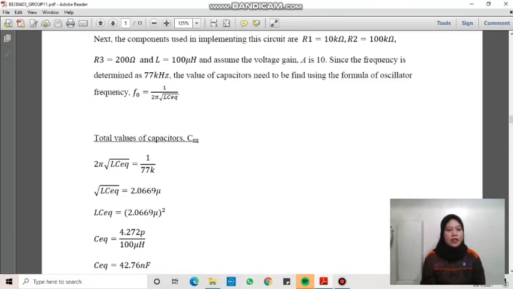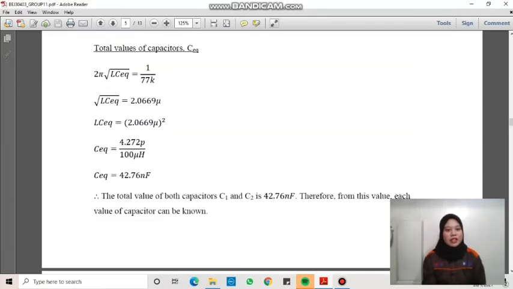The frequency formula is 1 over 2 pi square root of L C_EQ. From this formula, we can find C_EQ, the total value of the capacitors. Since we already know the frequency of oscillation is 77 kHz, we can find C_EQ by substituting and solving this equation.